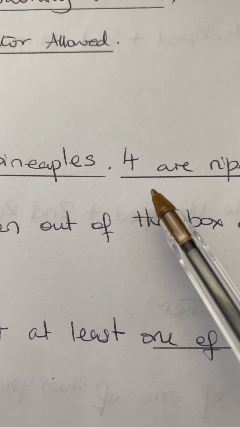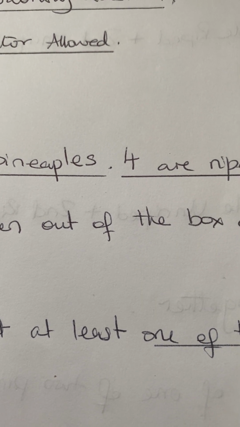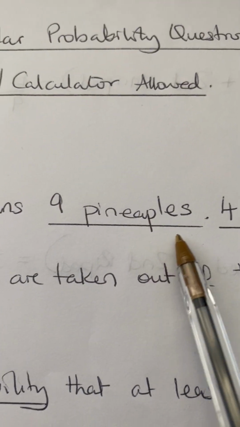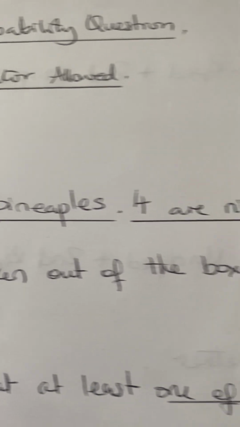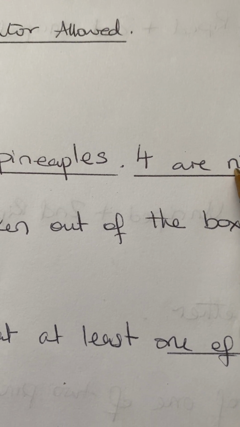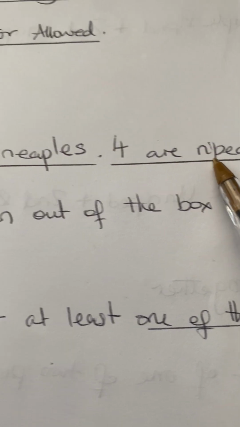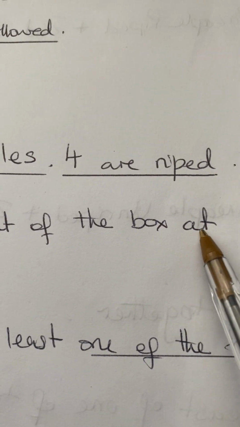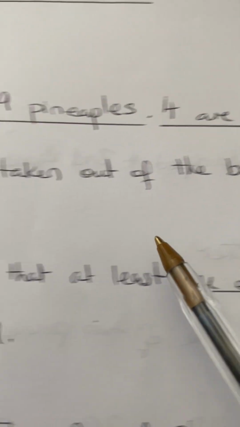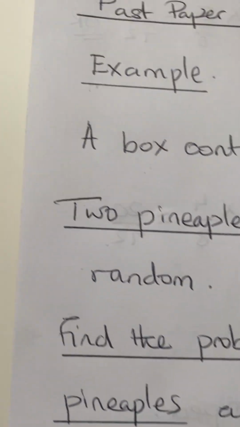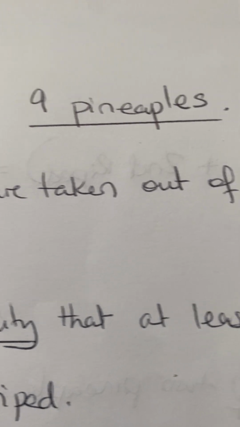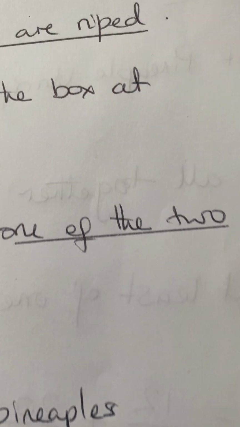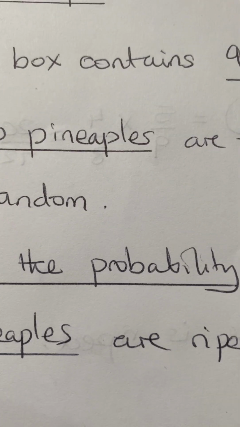In total, there are 9 of them. So here is another similar question. A total of 9 pineapples, 4 are ripe. 2 pineapples are taken out of the box at random. Find the probability that at least one of the 2 pineapples is ripe.